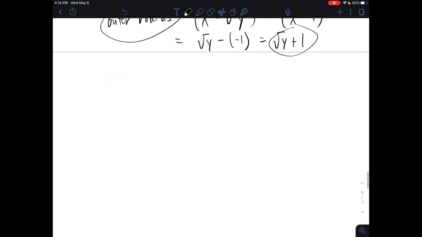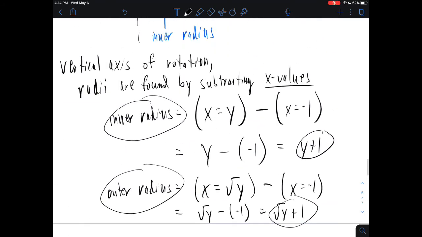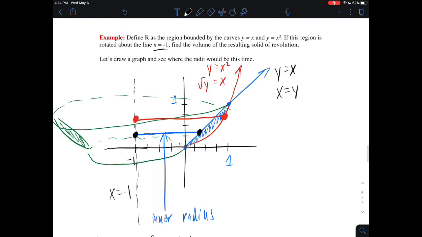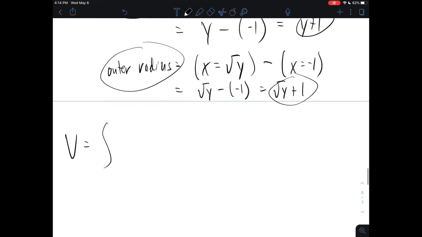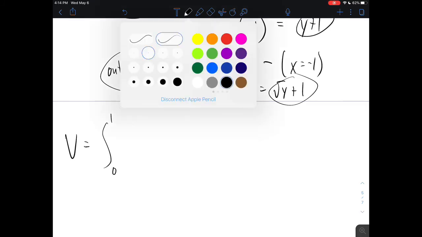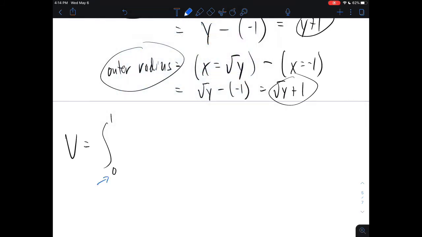So to find my volume, I'm integrating. My limits of integration now are not x values, but y values. So they're coincidentally the same thing, 0 to 1, but I'm just going to make a note here. These are y values.